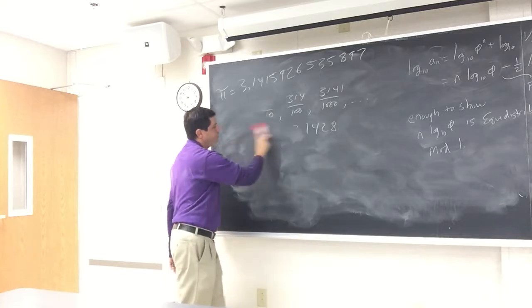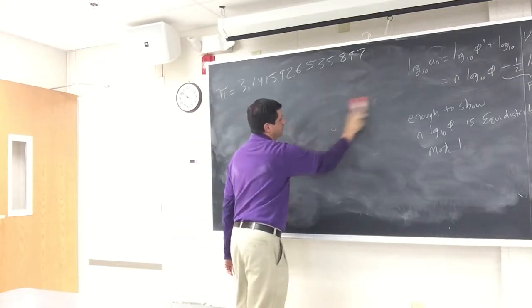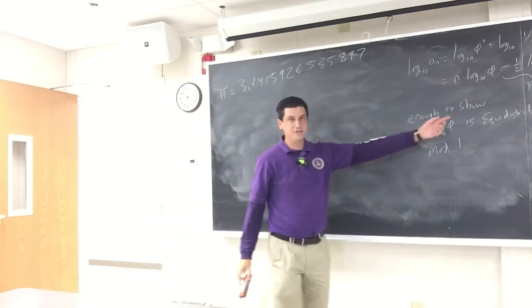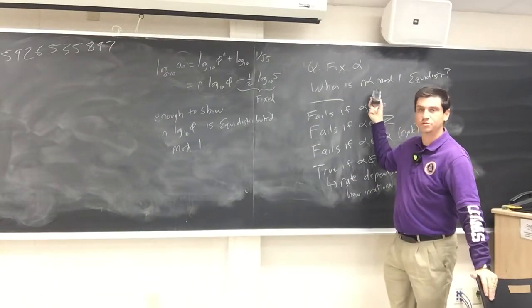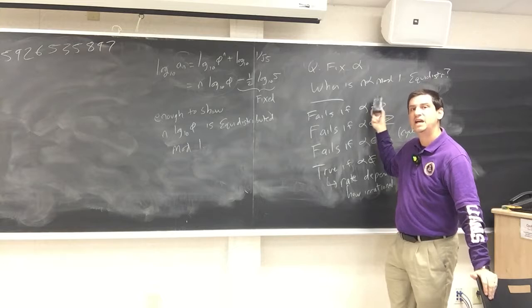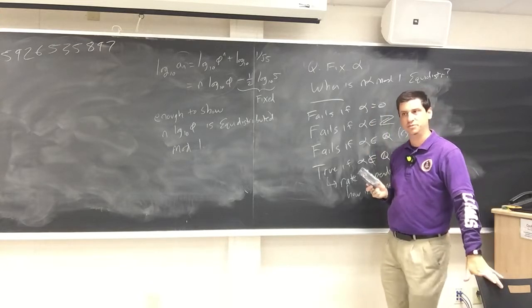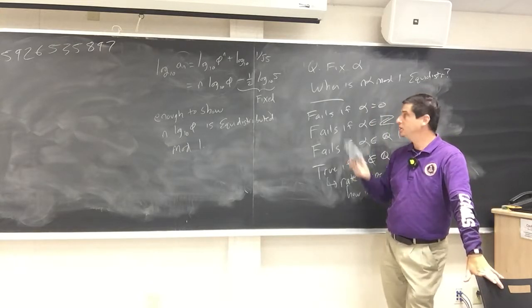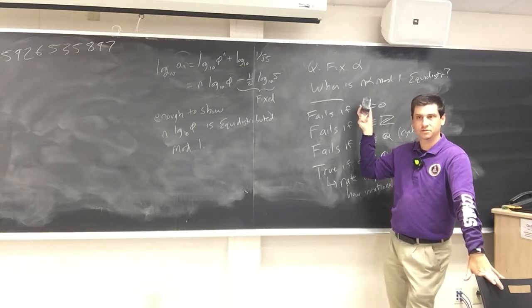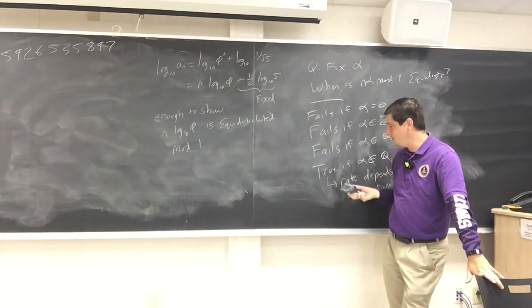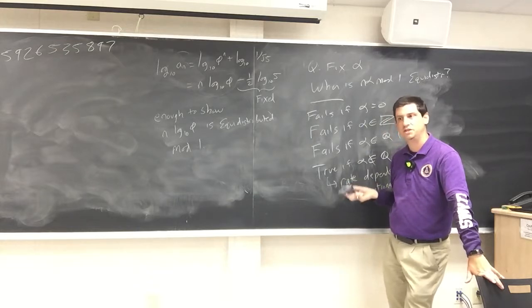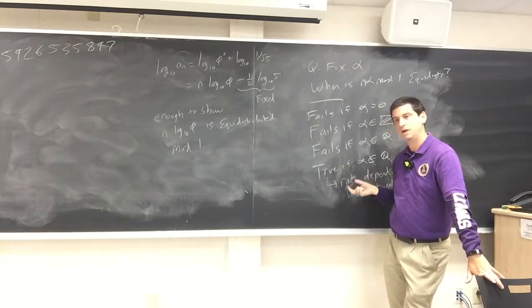So the result is that if alpha is irrational, then n alpha mod 1 becomes equidistributed. A natural question to ask is, how quickly does it become equidistributed? If I look at 1,000 terms, how much do I expect to be off? And you can quantify that in terms of how well you can approximate the numbers by rationals.